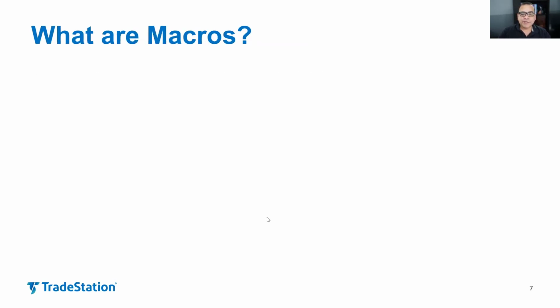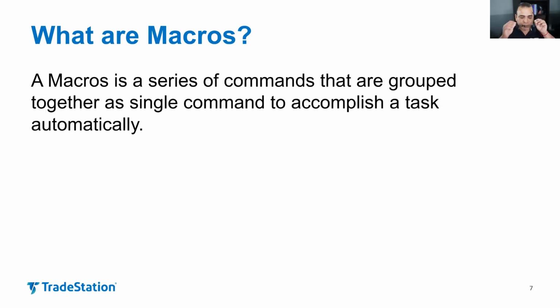We're going to go through a series of exercises. But before, let me just explain the types of macros that are available on the TradeStation platform. First of all, what is a macro? A macro is a series of commands that are grouped together as a single command to accomplish a task automatically.